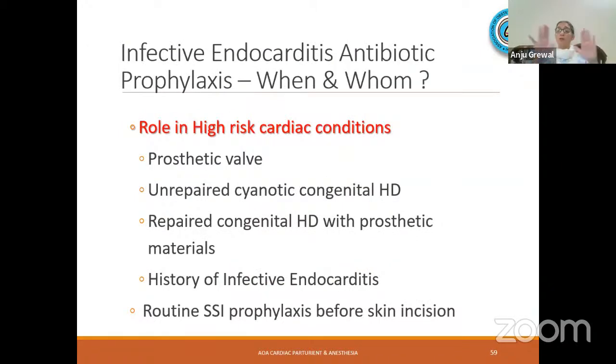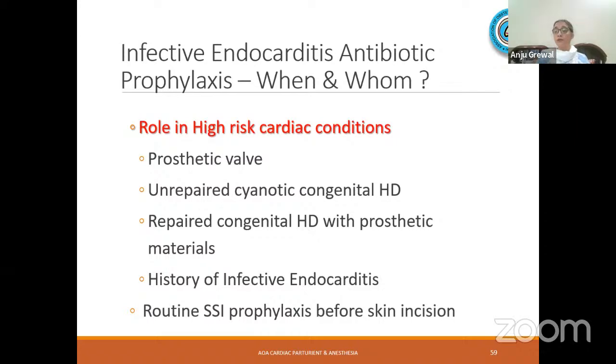Now, having talked about a gamut of cardiovascular diseases, is there any role for infective endocarditis antibiotic prophylaxis? The latest guidelines say there is only a role in high-risk cardiac conditions and not in low risk: the presence of a prosthetic valve, an unrepaired cyanotic congenital heart disease, a repaired congenital heart disease with prosthetic materials, and a history of infective endocarditis.